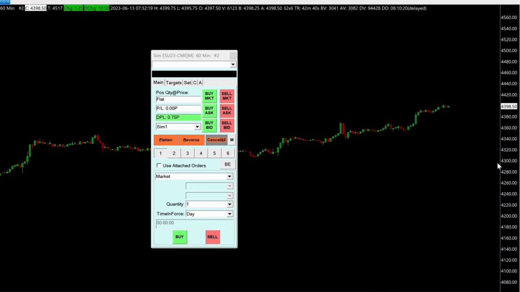Let's take, for example, 4,300, and we will be able to have a buy or sell order at this level. So it's the 4 squares here. It means we'll tell the platform we would like to buy at this level, for example, at 4,300, and only when the price comes to this level, the order will be executed.